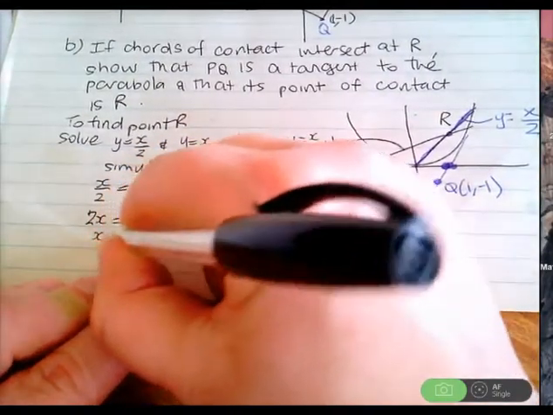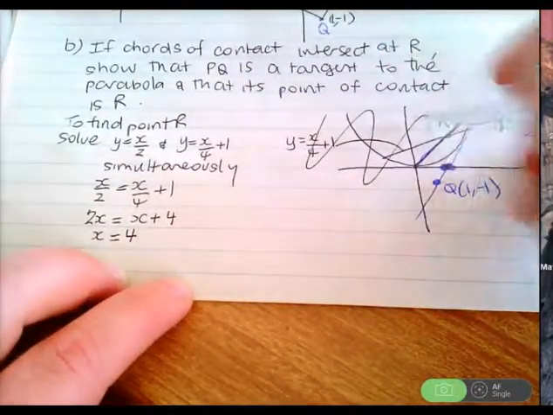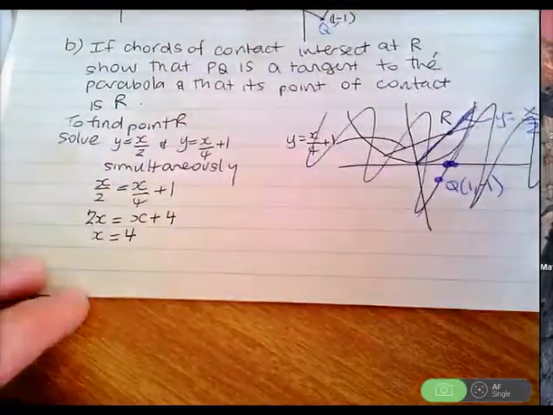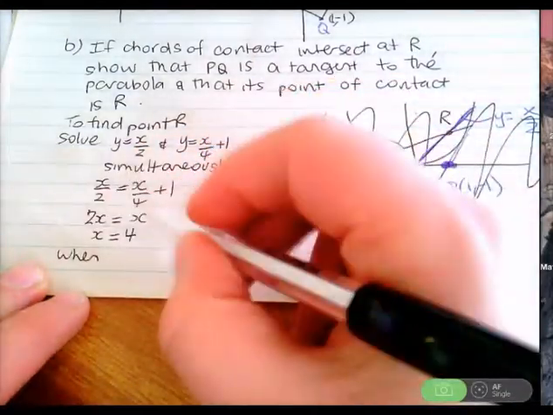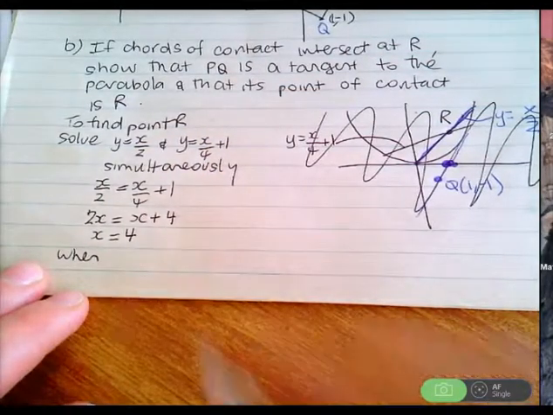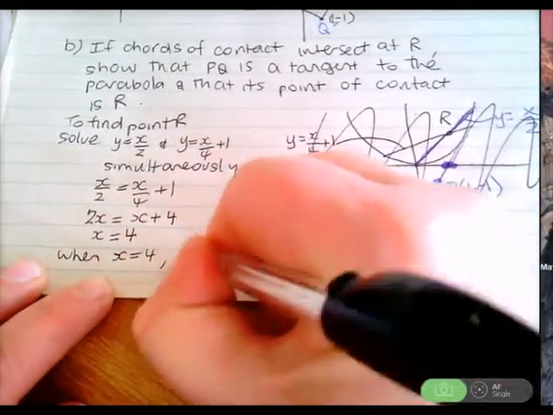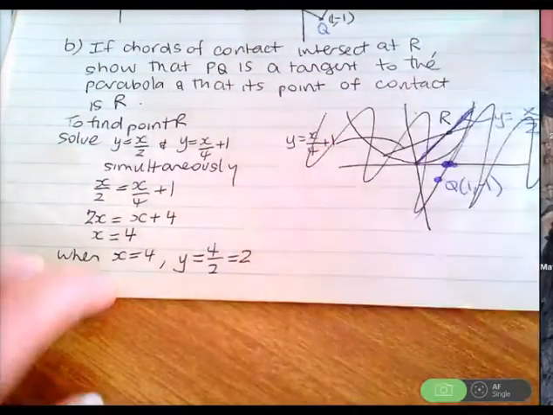In other words, x is 4. I have a feeling my diagram's not very good, and that's why we're not getting this. So, just leave that. Because I went 2x minus x. So when x is 4, girls, what's y? Y is 4 on 2, which is 2.